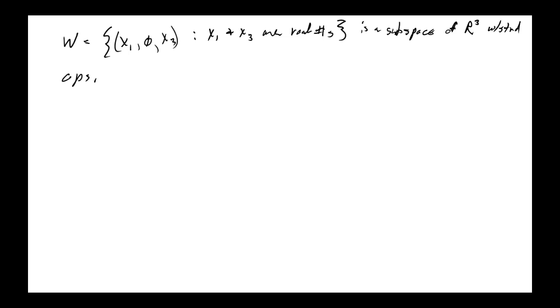Add those together, or multiply each of those by C, and everything works. The commutative, the distributive, all those work. Therefore W not only is a subset of R3, it is also a subspace of R3 because all the rules are met.